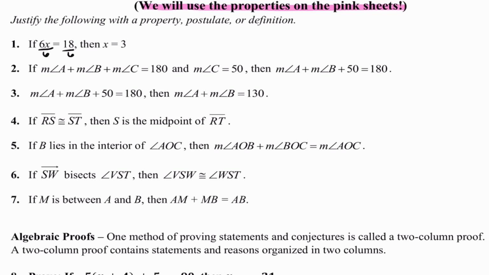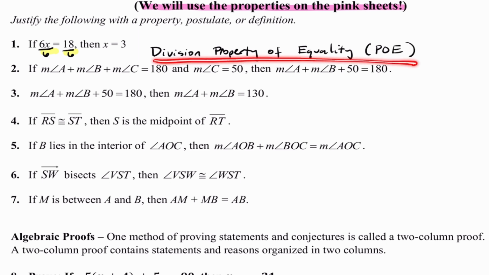And if I divide both sides by 6, x equals 3. This right here, me dividing both sides by 6, is me using the division property of equality, or POE for short. This is the answer because, again, we need to justify this statement with a reason.